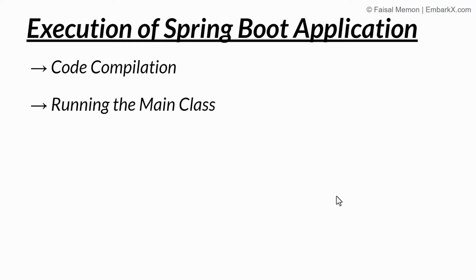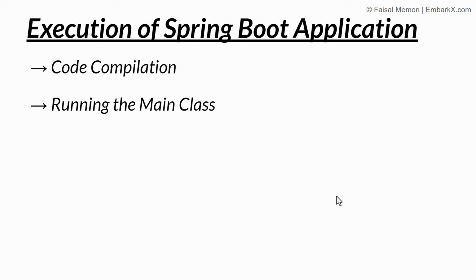So let us first talk about how a typical Spring Boot application runs without any packaging. What are the steps involved? The number one step is code compilation. The first step is to ensure that your source code is compiled into bytecode, and this bytecode is a .class file which is used by the JVM, and the source files are compiled by the Java compiler.